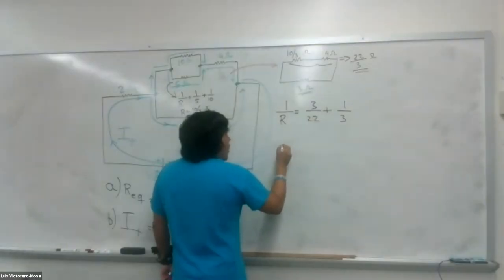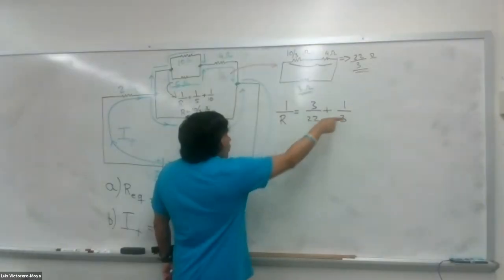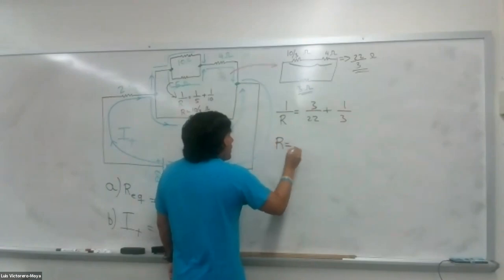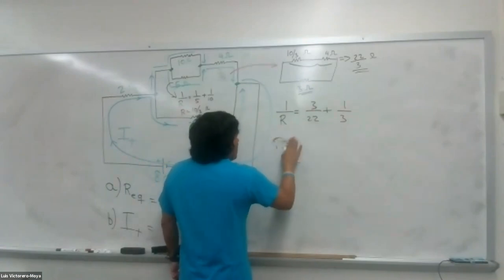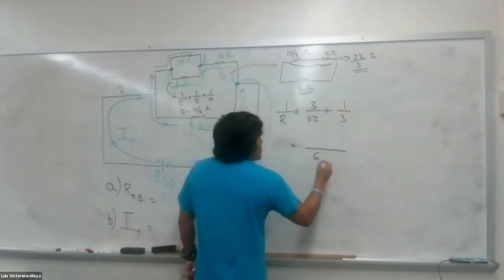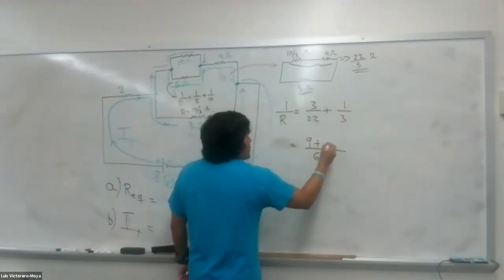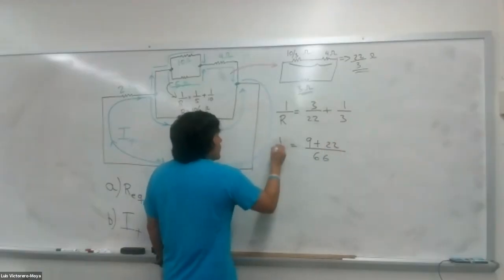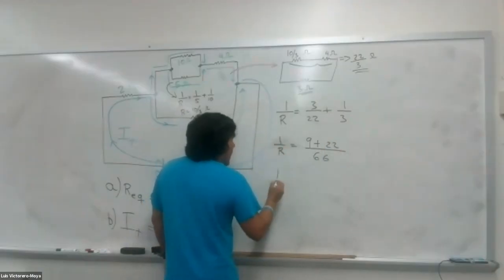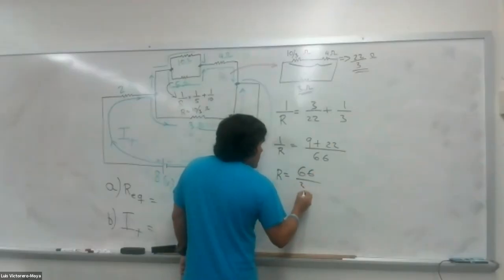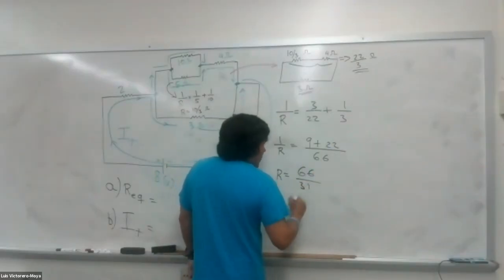Now, if you want to do this quickly, the rule will be, actually no, this is a fraction, right? So 66, then I have 9 plus 22, that's 1 over R. Then R will be 66/31. All right.